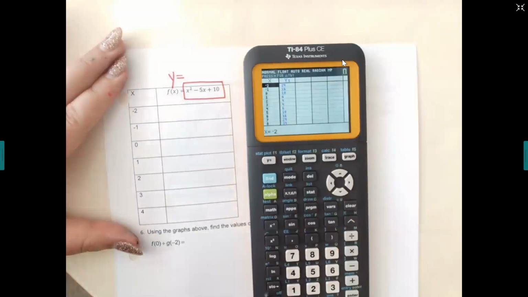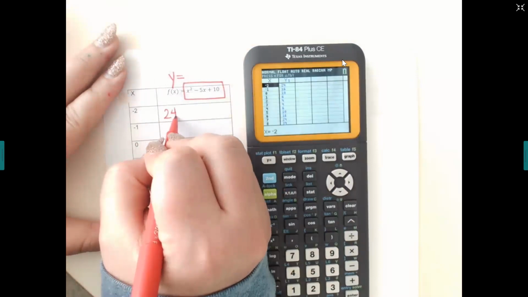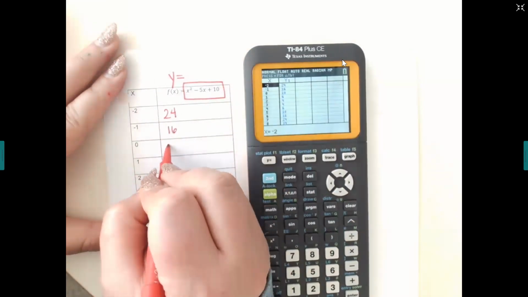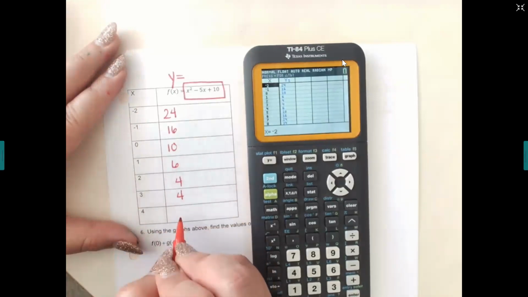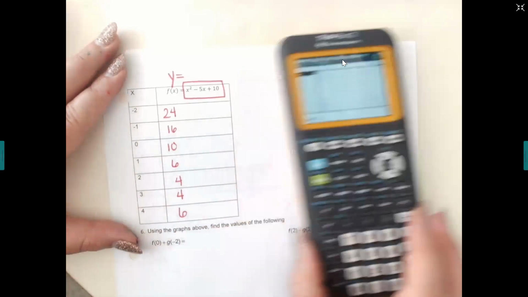So my first number here should be 24, 16, 10, 6, 4, 4, 6.